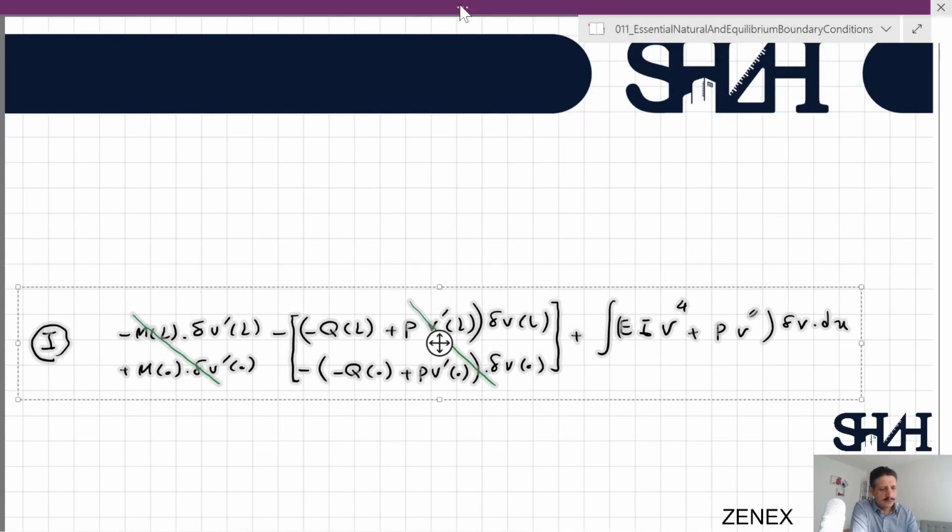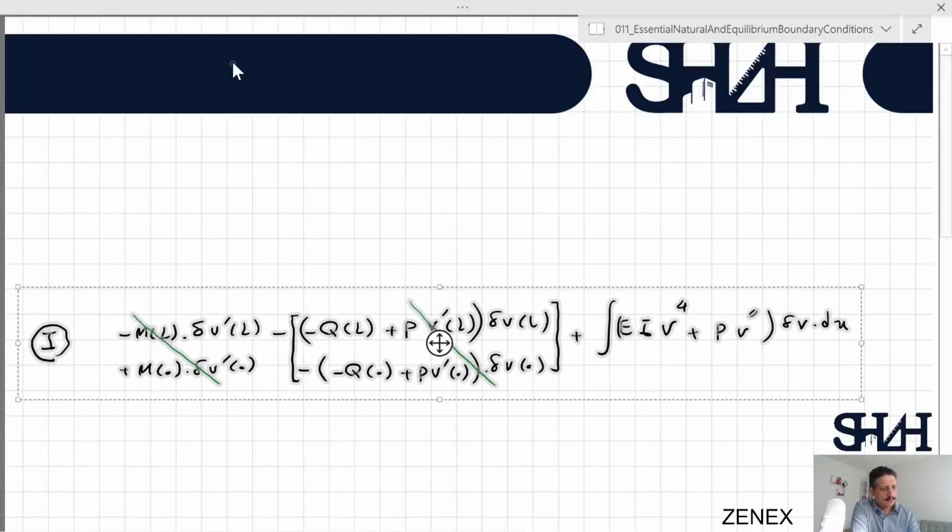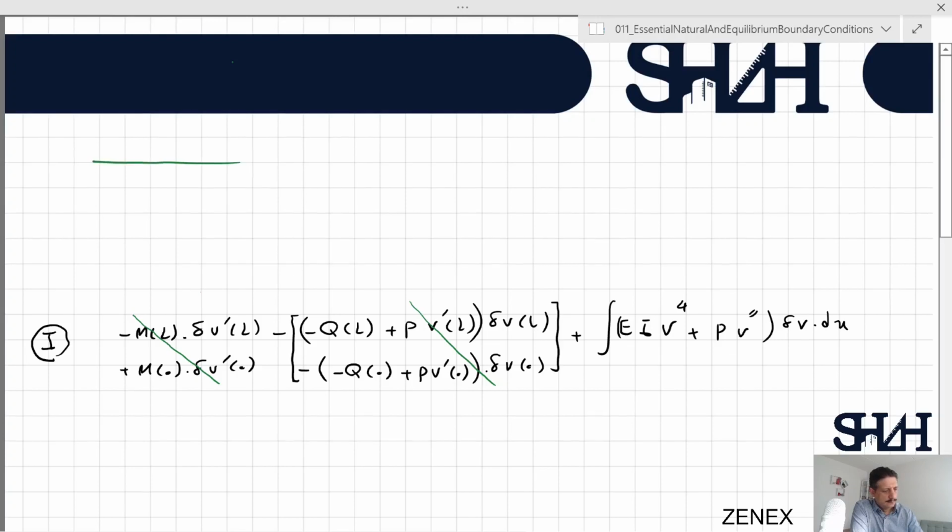Let's assume we have a cantilever column subjected to the force P. And the length of the element is L. So here, at x equals 0, variation of v is 0.